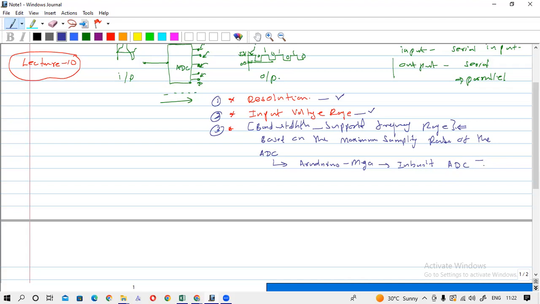As I can remember, 16 analog pins are there, and those analog pins are connected to the inbuilt ADC. The maximum sampling rate of the ADC, as I can remember, is 9.8 kilohertz. You can check it on the internet.